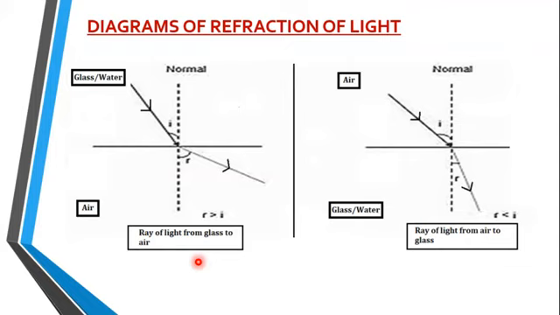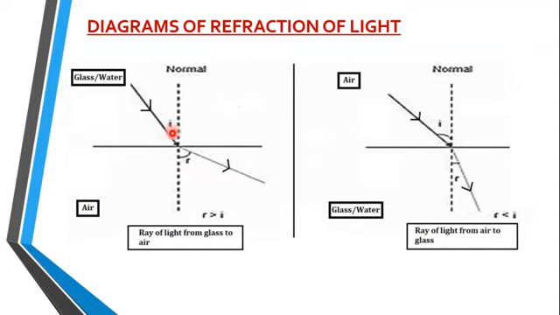So let's look at some similarities between this diagram and the diagrams of reflection of light. In the reflection diagram, we have the normal. Here too we have the normal, the imaginary line that is at a right angle with the surface. We also have the incident ray, also found in the diagram of reflection. And the point of incidence is also here, as in the diagram of reflection.